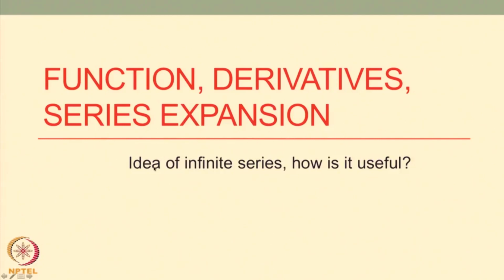So in this lecture, we will discuss the idea of infinite series once more, what is the idea behind the infinite series, and how is it useful? What is the use of this series? What we learned is infinite series for various functions.